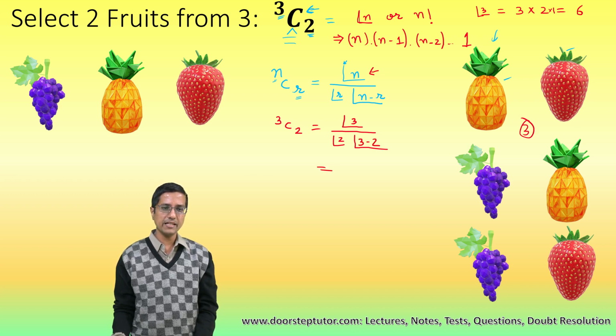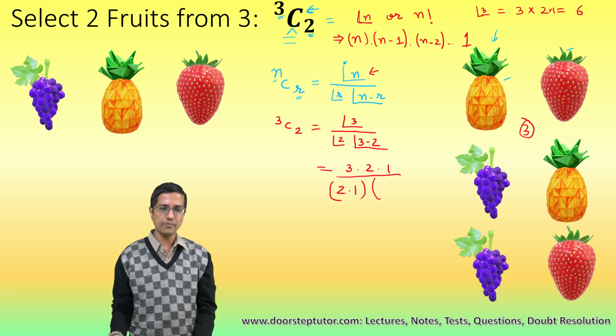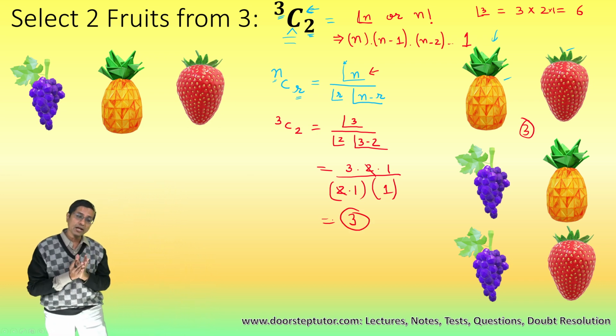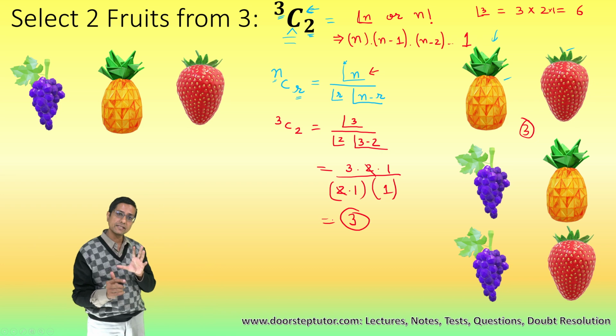And this is nothing but 3 into 2 into 1 divided by 2 into 1, and from the second term right here, 3 minus 2 is just 1. So this comes out to be 2 and 2 would cancel, and of course as we expected the answer comes out to be 3. We will look at how to derive this formula in a separate class.